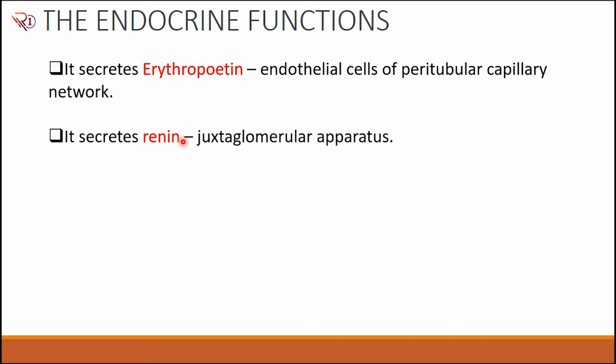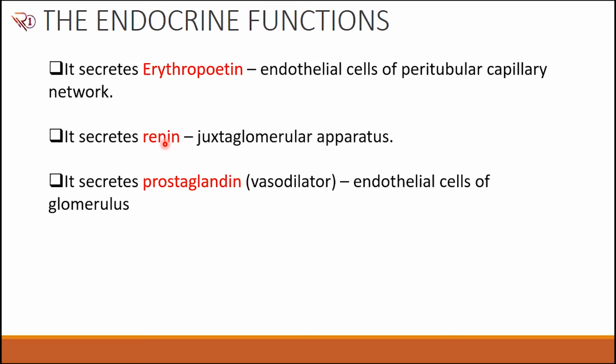So we shall talk more about it. It also secretes prostaglandins by the endothelial cells of the glomerulus. The glomerulus, as I said in a previous lecture, is simply a capillary network in the Bowman's capsule. So these prostaglandins are produced usually when there is vasoconstriction, because severe vasoconstriction can lead to damage of the kidney.